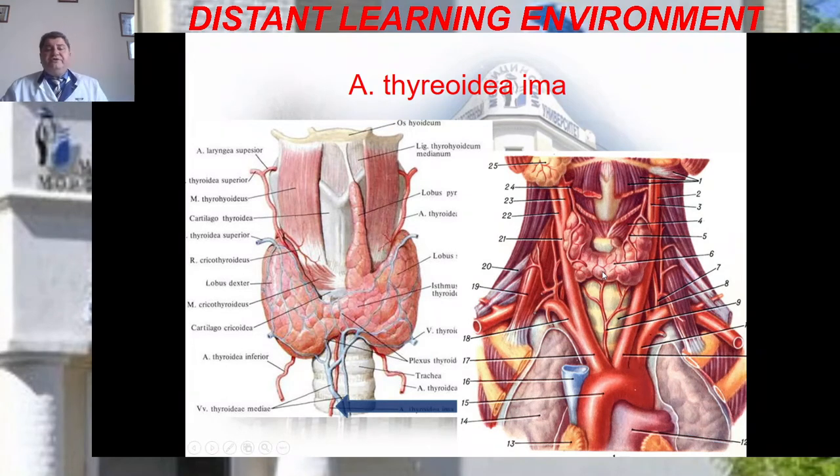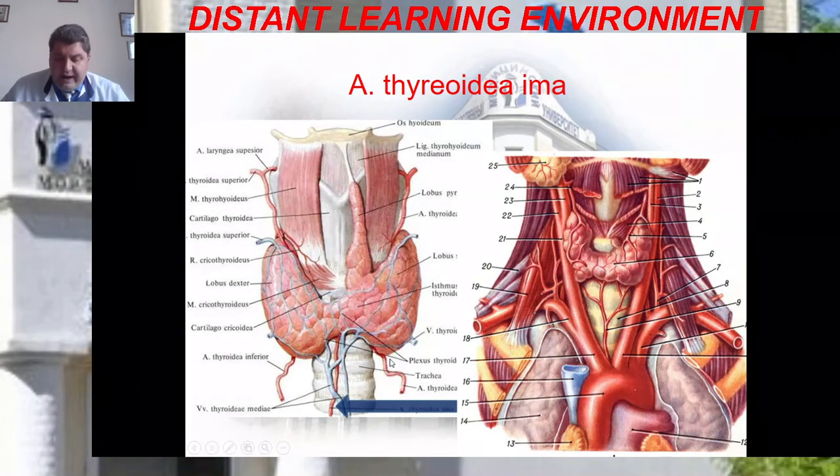But in usual cases, only 4 main arteries go to the thyroid gland. You may see 2 superior arteries, left and right, and also 2 inferior thyroid arteries.